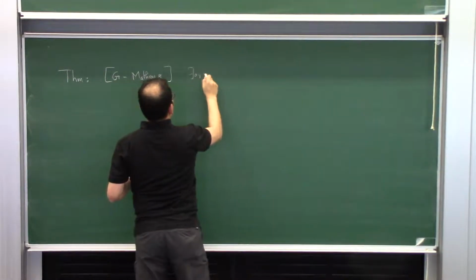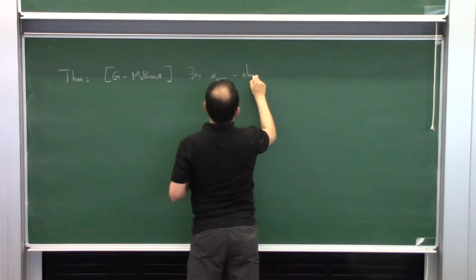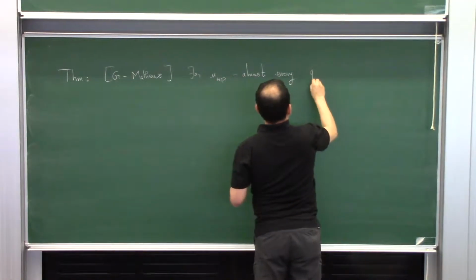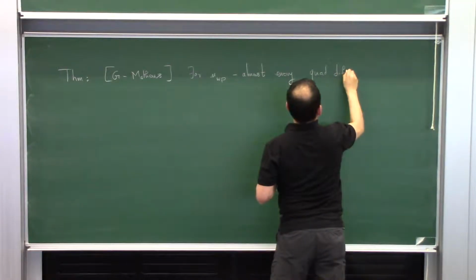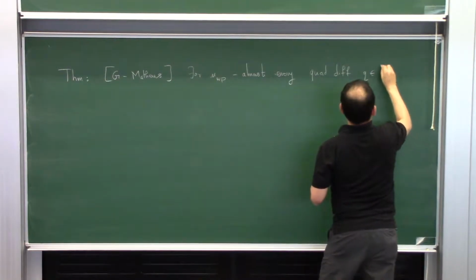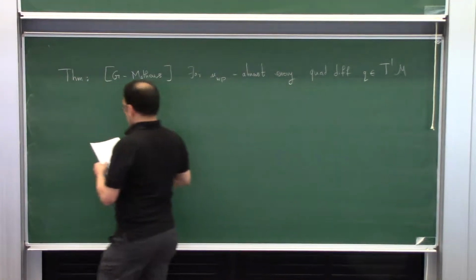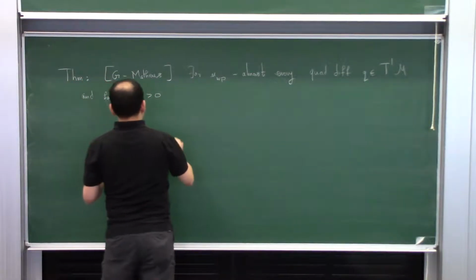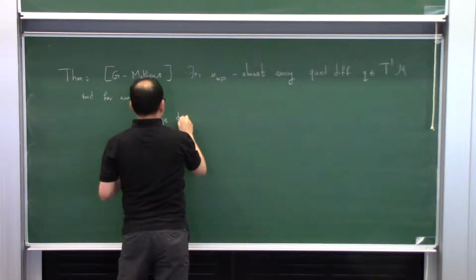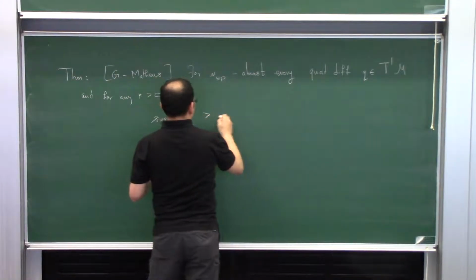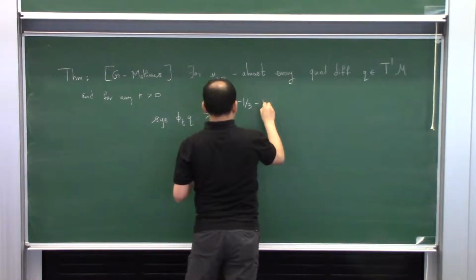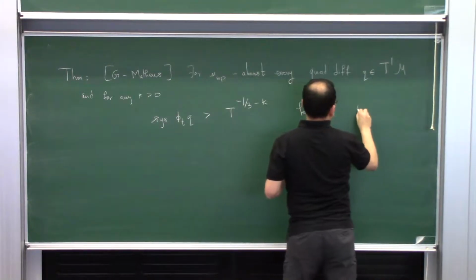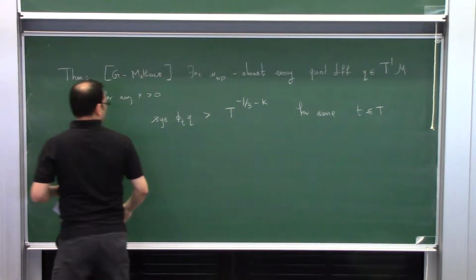For mu_WP almost every quadratic differential Q in the cotangent bundle of M, and for any kappa bigger than 0, we have that the systole along phi_t of V of Q is bigger than t to the minus 1 over 3 minus kappa for some t less than capital T, and for all T large enough.